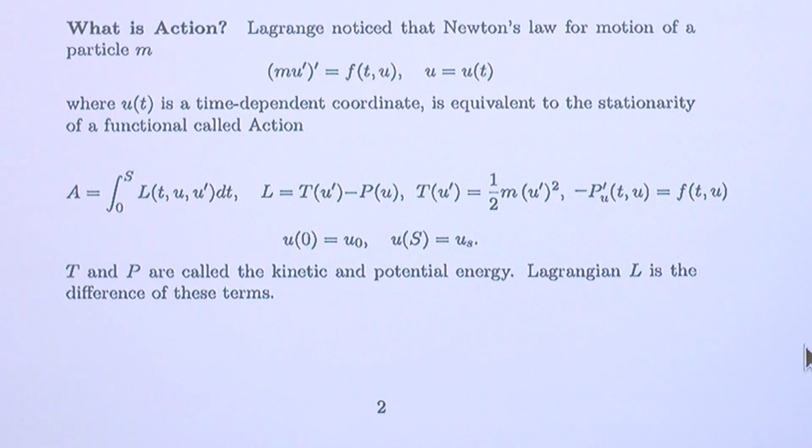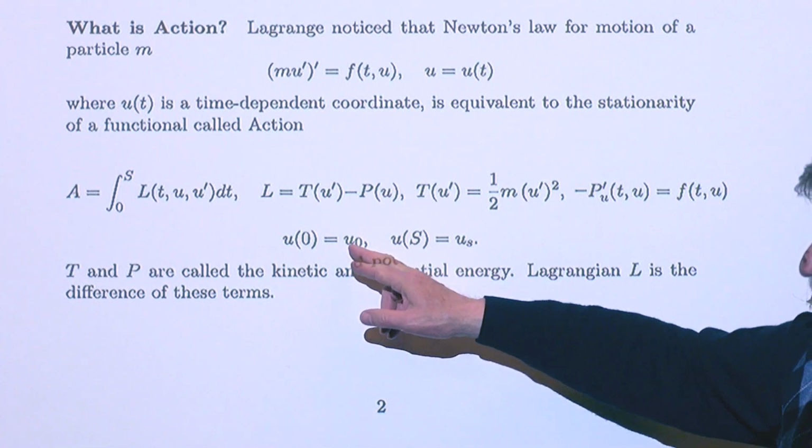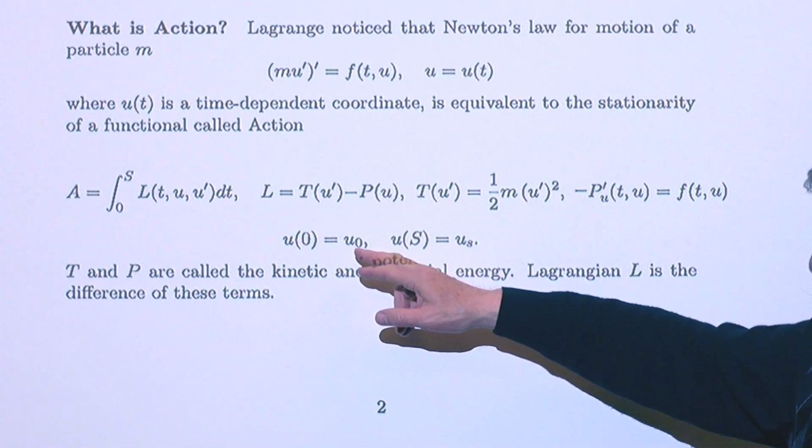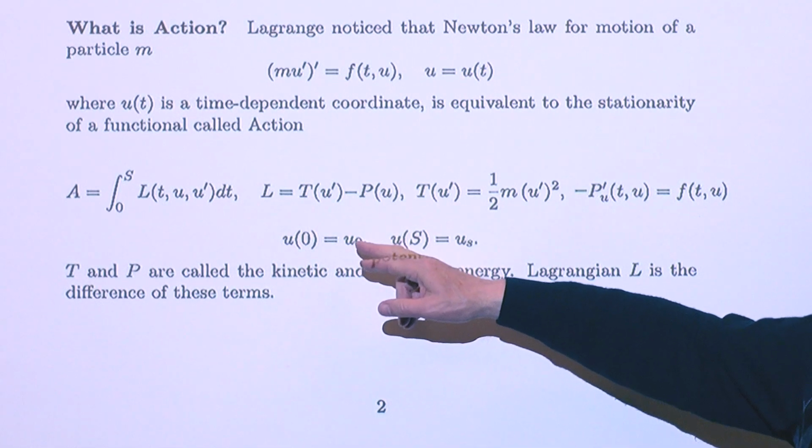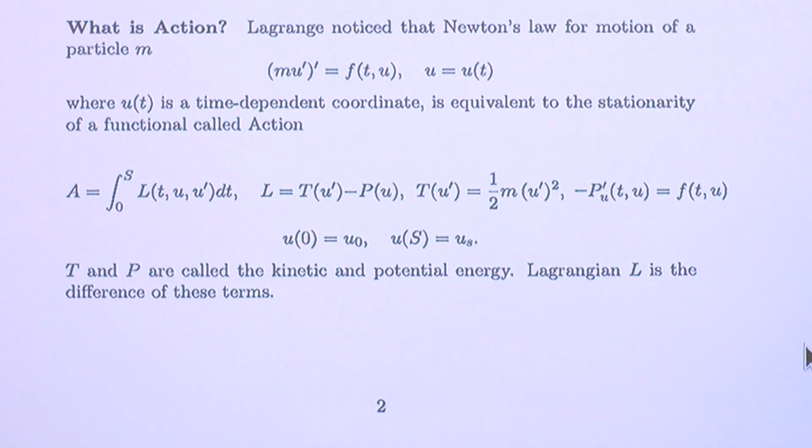Always in this problem, we need to assume that the initial point is given at the initial time. The coordinate of the initial point is given, and the coordinate at the final time is also given.